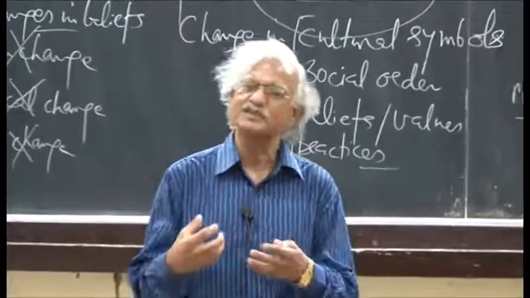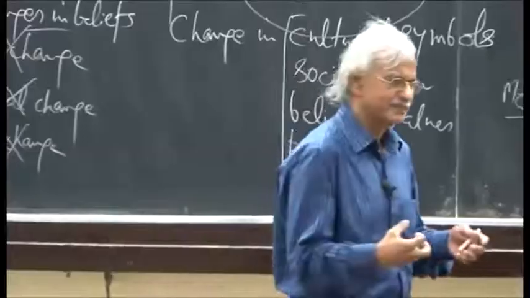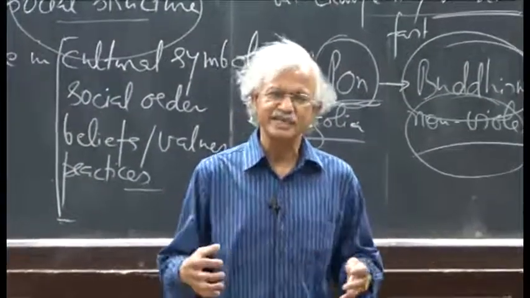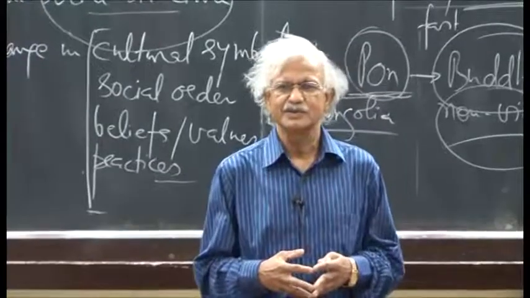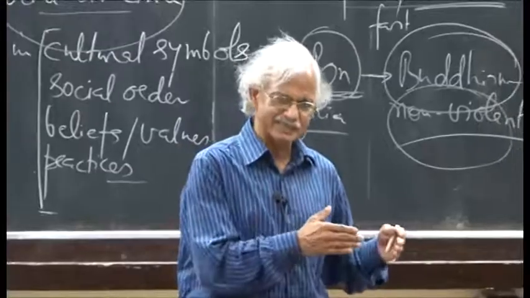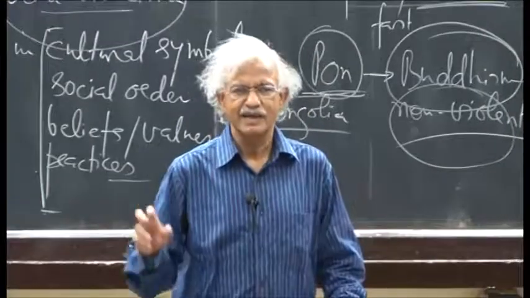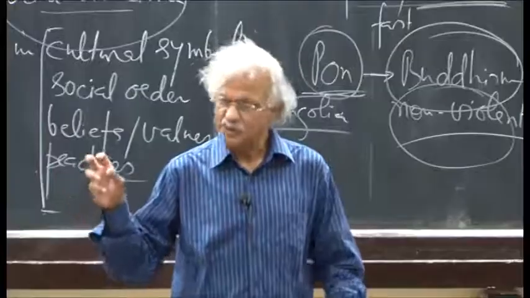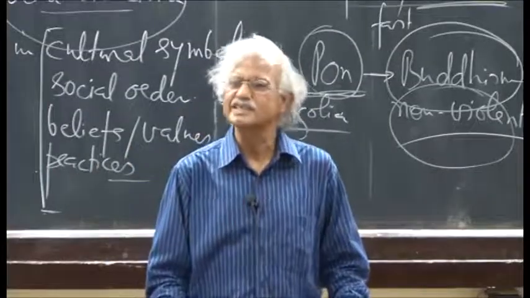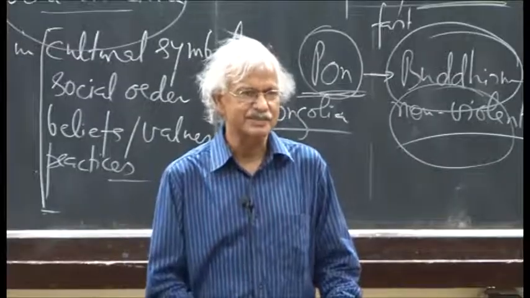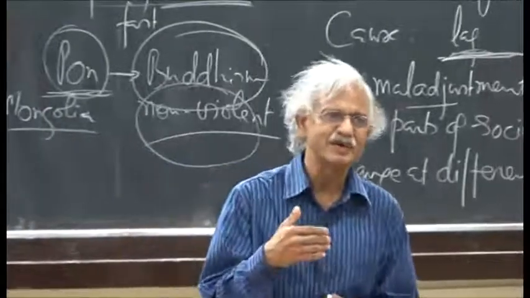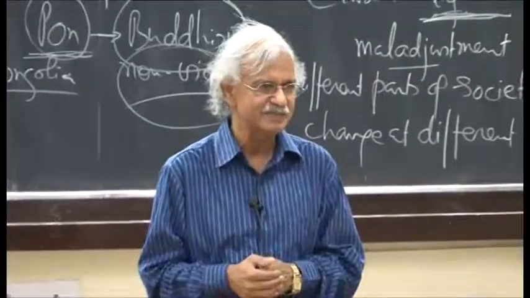And since all parts of society, all institutions of all facets of society, are correlated, when one thing is changing at a fast rate, other things are either constant or not changing at such a fast rate. They may also be changing, but not at such a fast rate. So it produces some kind of strain on the institutional relationships.